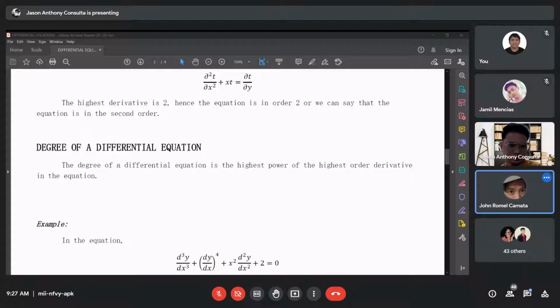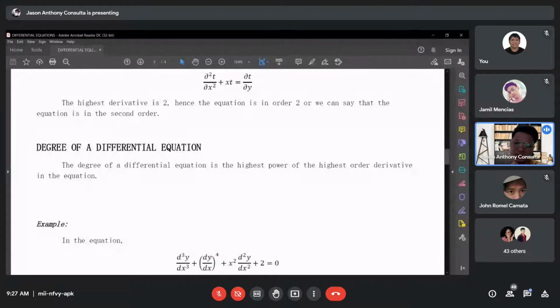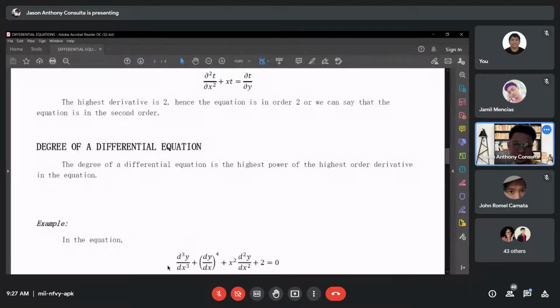Tama 'yon. Ang sagot natin is first degree. Bakit? Kasi ito yung order natin, yung third derivative of y with respect to x. Pero kung may quantity siya and raised to the second power, yung degree natin is magiging second degree. Naintindihan ba 'yon?